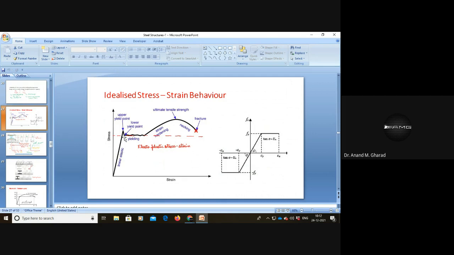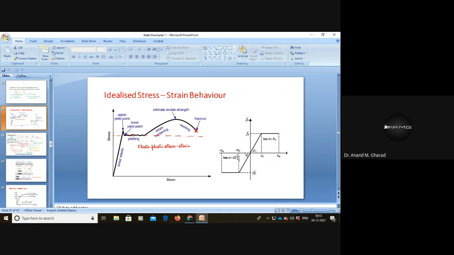This is the elastic zone, this is the plastic zone, and this plastic zone they have assumed to continue up to the fracture. And while assuming this, what other assumption have they considered? That it is completely valid as far as the experimental results are concerned. This is actually the stress strain variation for the tensile test.